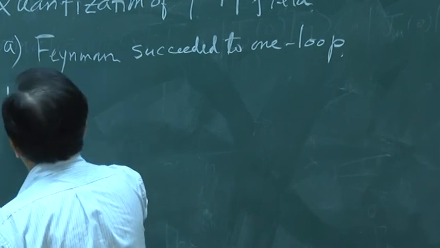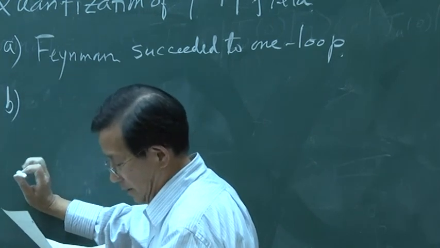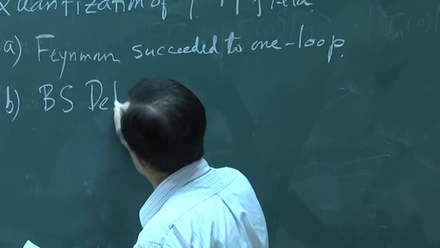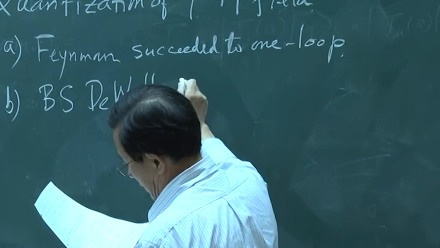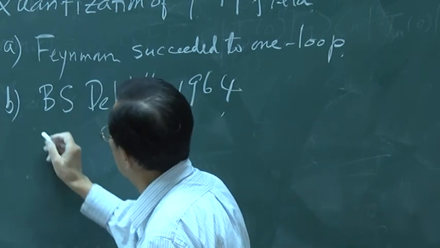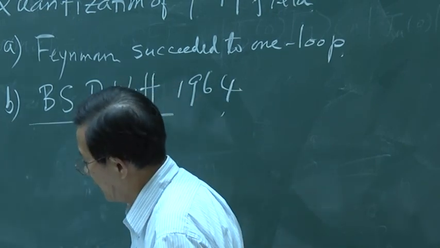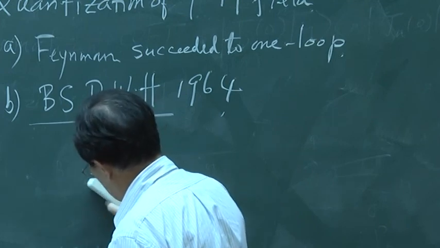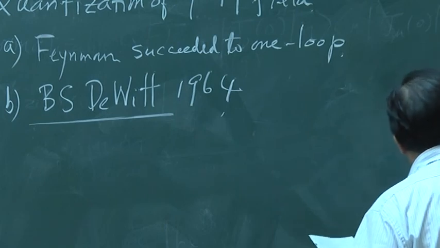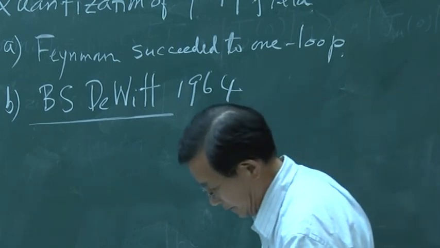And then there were some American physicists like DeWitt in 1964 and so on. But DeWitt's papers are very hard to read. So even though he probably did it correctly, nobody paid attention because it's hard to understand his papers.